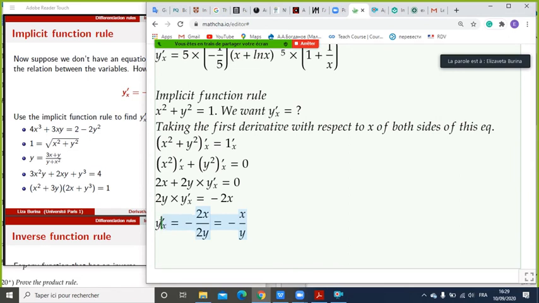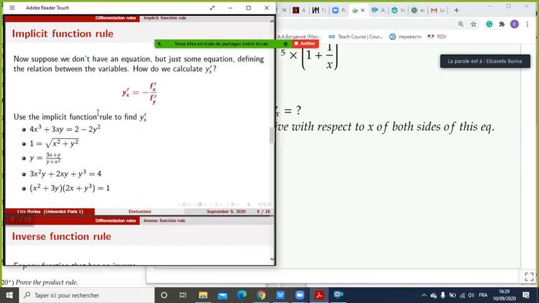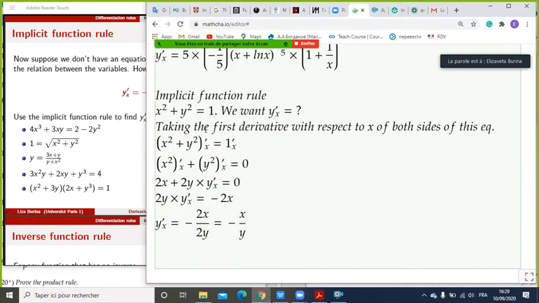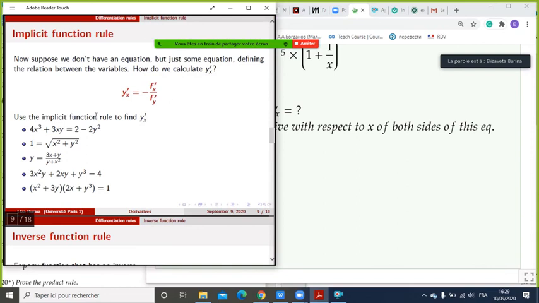That's great. Now let's see if actually the implicit function rule worked. So implicit function rule tells us take the derivative of this function that you have with respect to x, and just take the derivative of this function that you have with respect to y.